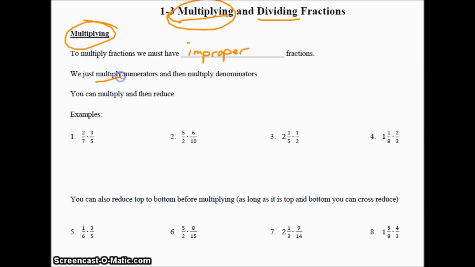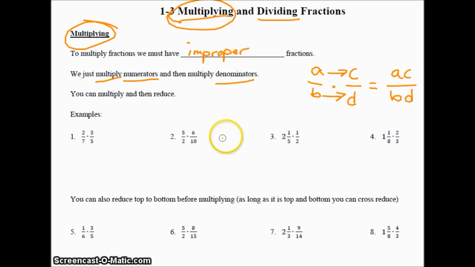Yes, we just multiply numerators times numerators, and then denominators times denominators. So if you have A over B times C over D, when we multiply straight across, this would equal A times C, AC over BD. So just multiply straight across, basically, is how you multiply fractions, and we're going to be dealing with improper, remember.